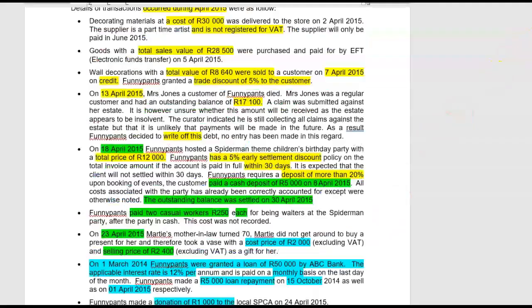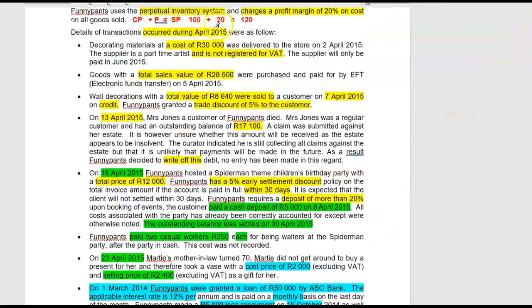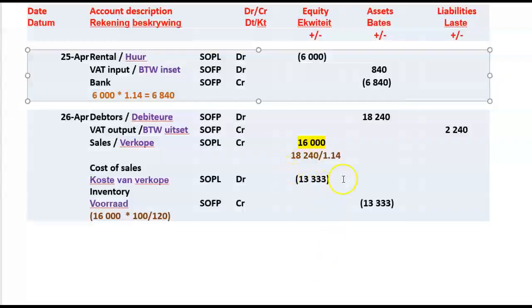Can you still remember that was our profit formula? 100 divided by 120. And that gives us 13,333. So cost of sales debit, 13,333. That's an expense account. It will reduce our equity. And then inventory as an asset account, which is going to get less. So it will reduce our asset as a credit against our inventory account.